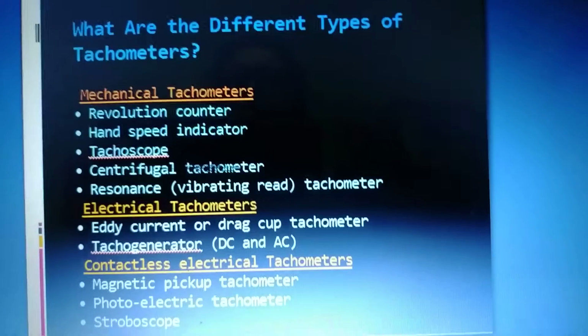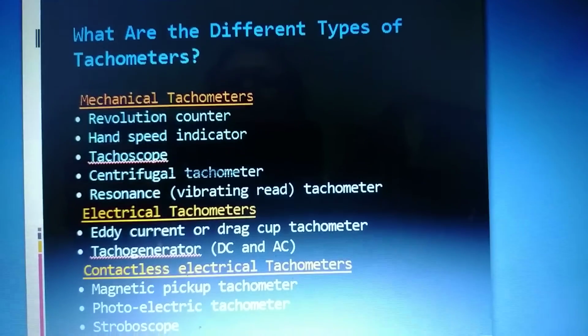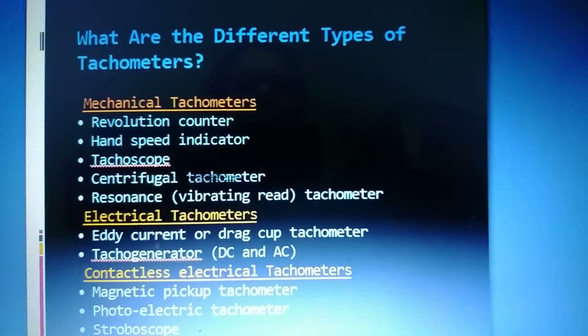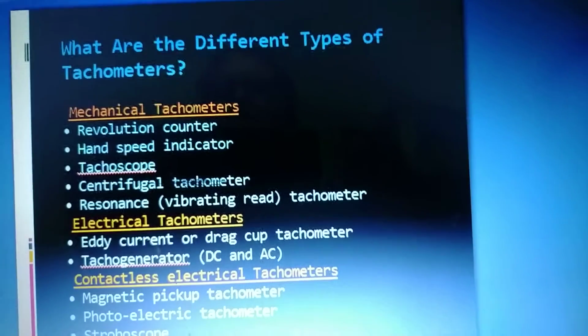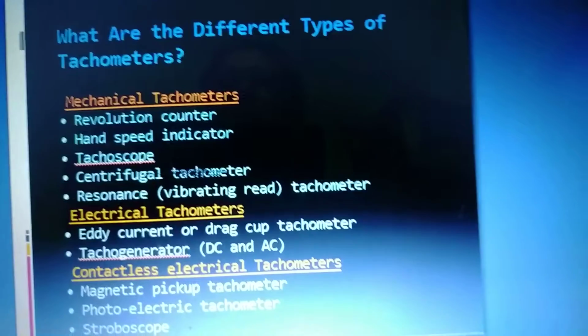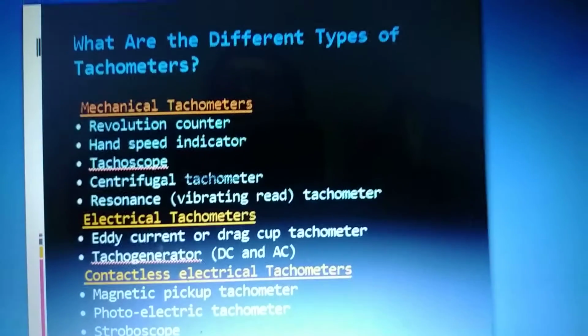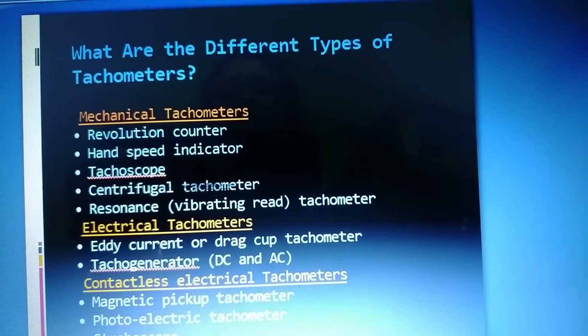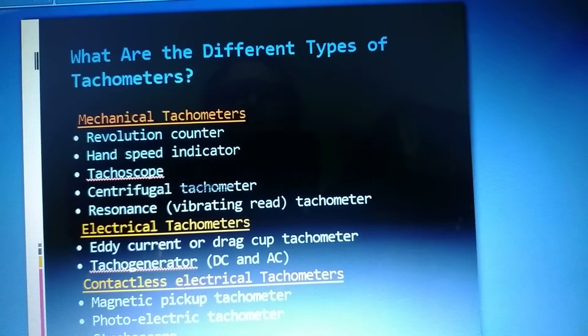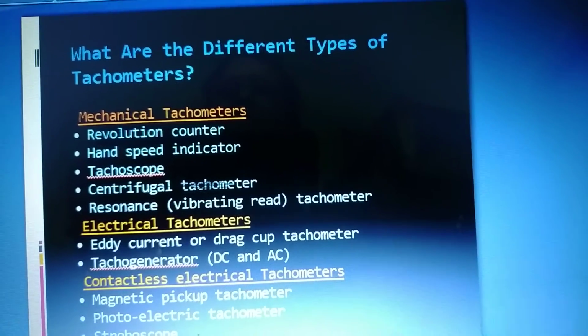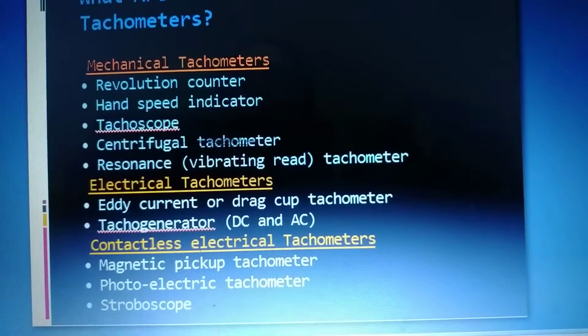It works on the eddy current principle. What does eddy current mean? Eddy current always opposes the magnetic field, and the tachometer works on this principle. The second is the tacho generator, or AC or DC tachometers. All these three come under electrical tachometers.